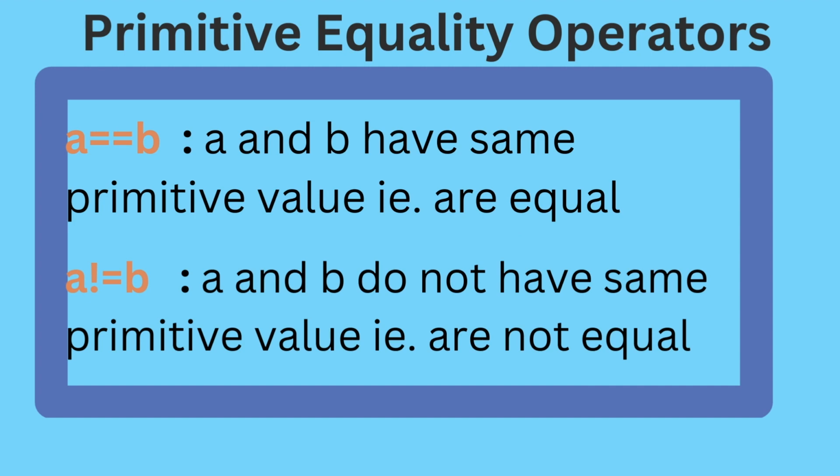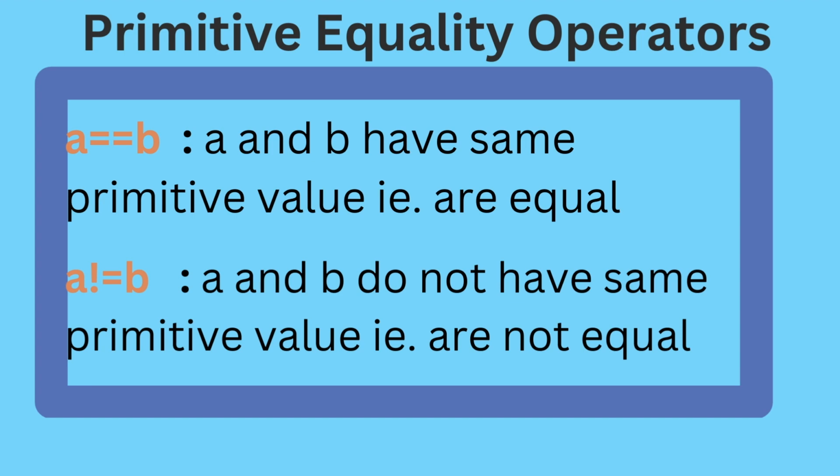Now let us talk about the equality operators. So equality operators are used to check if operands have the same primitive value or not. So we have two primitive equality operators, which are your double equal to and your not equal to, right? And unlike the relational operators, they can also be used to compare your Boolean values as well.